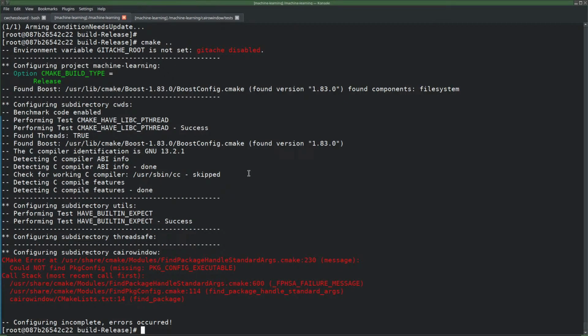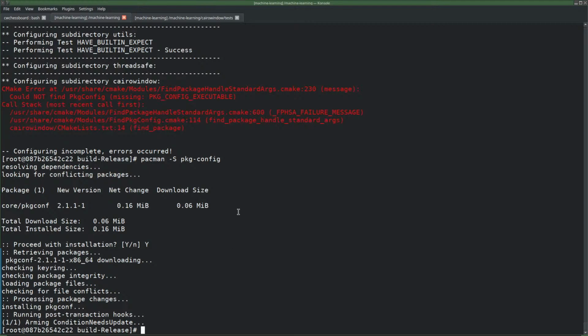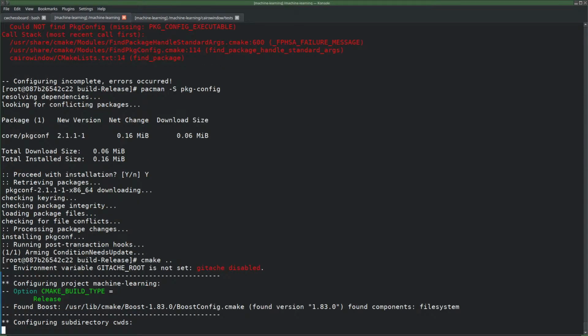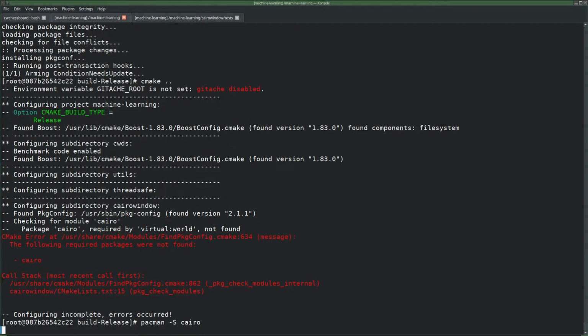I could not find package config. Yeah, I could, what is it? Make a list of this. Then we have the prerequisites that are needed. Cairo. How is that called? What do you think? Cairo.